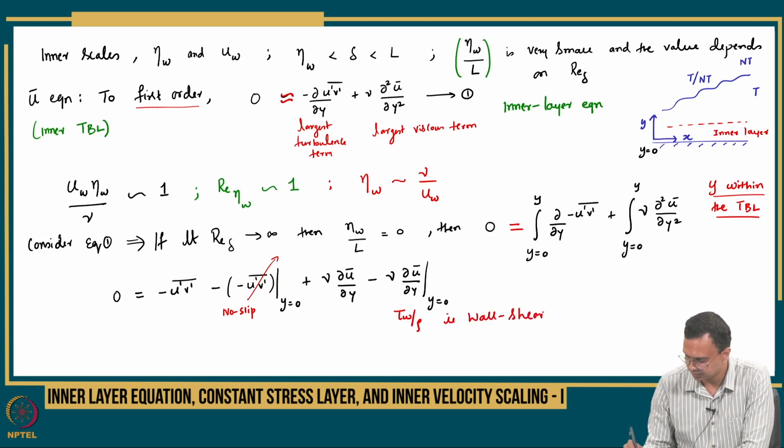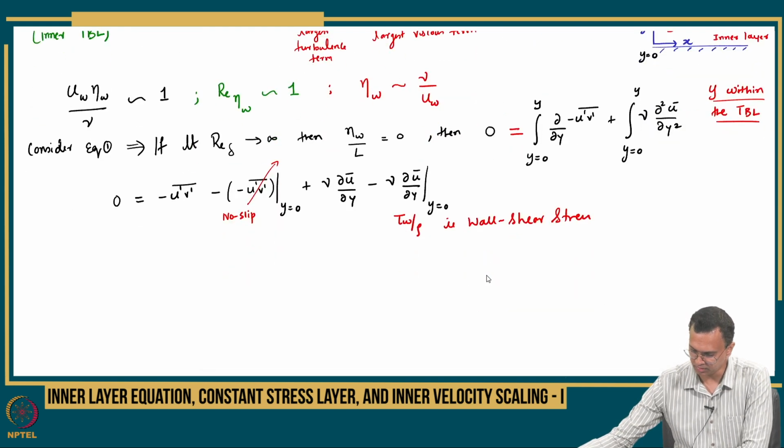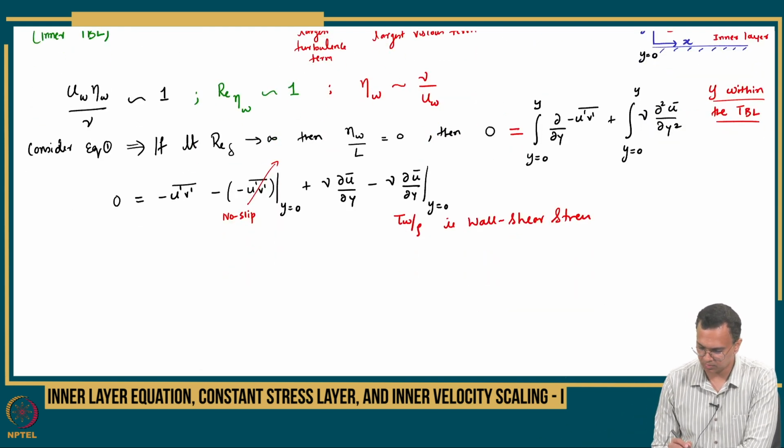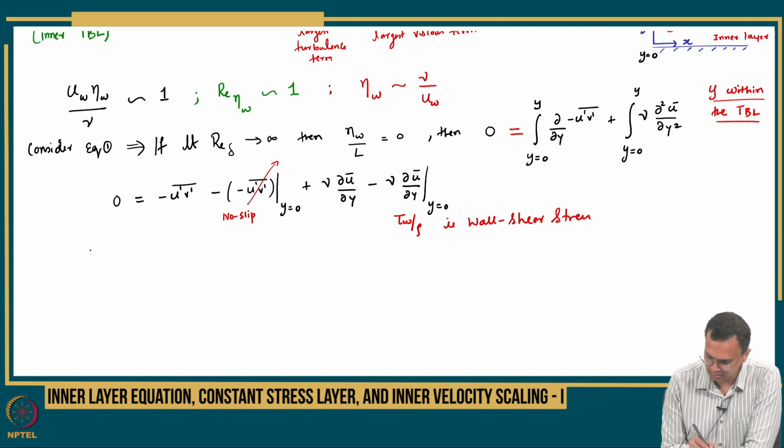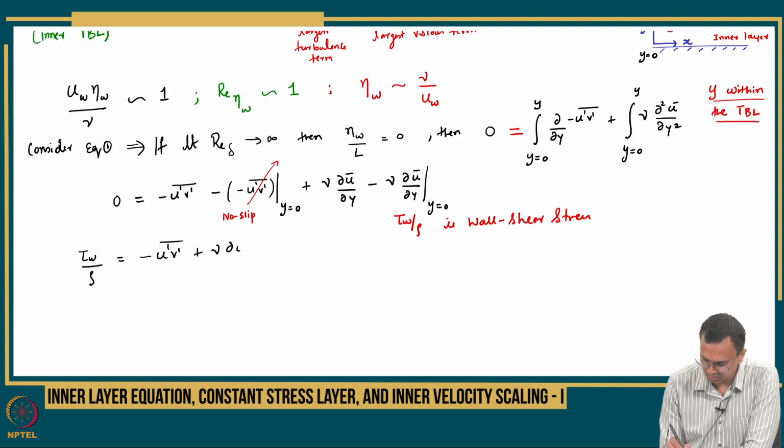So therefore I now have a formula for wall shear stress, that is tau w by rho is equal to minus u prime v prime average plus nu dou u bar by dou y.